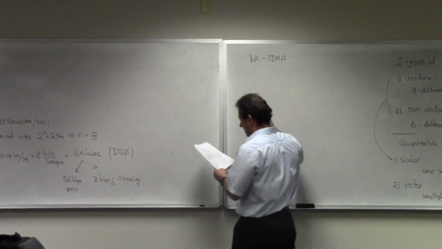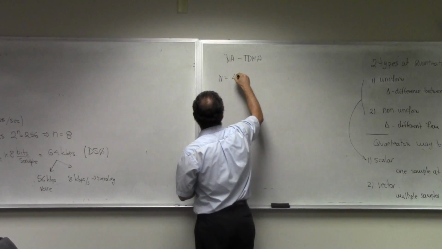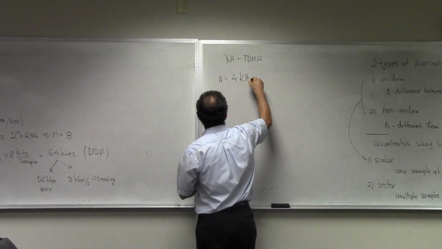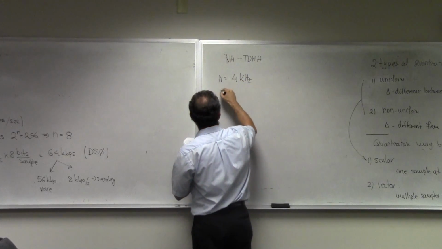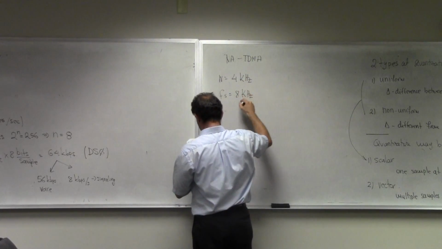Here's what North American TDMA used to do. The signal bandwidth is the same. You start with 4 kilohertz. They used to sample at 8 kilohertz, voice again.